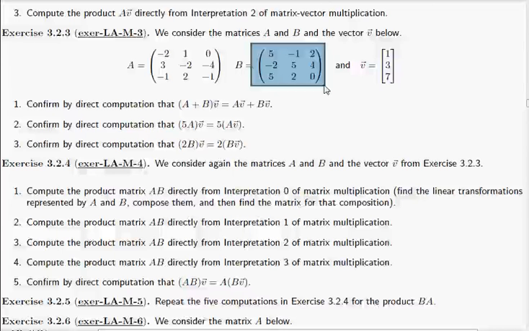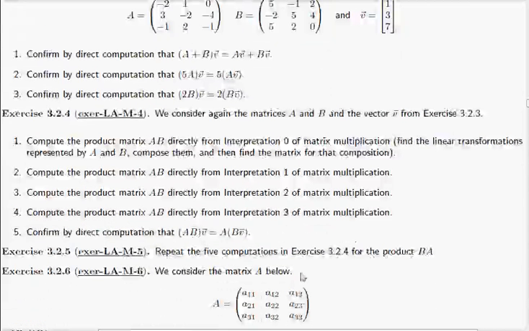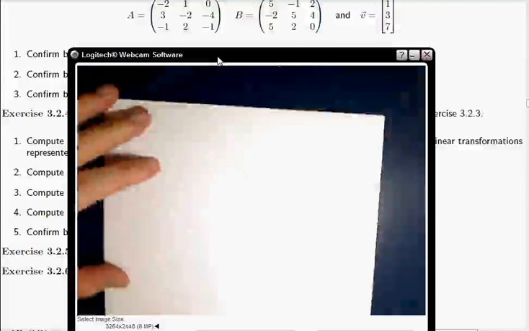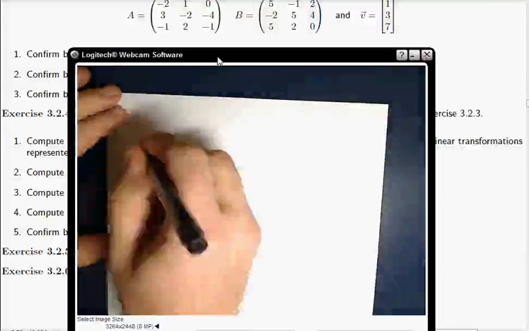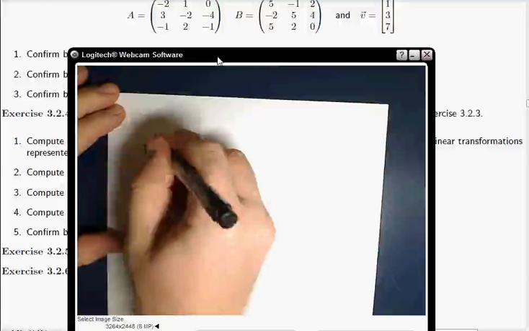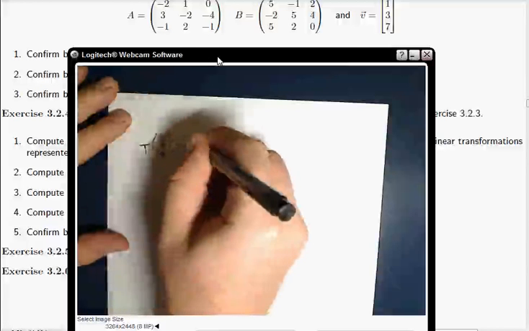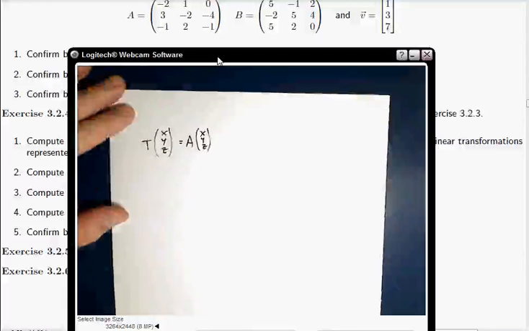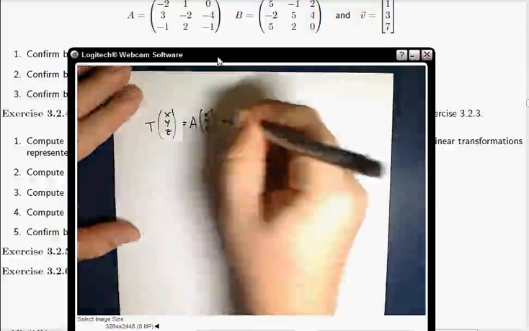And here we go. Okay, so what is this linear transformation? Let's call it T of XYZ, and I want that to be A times X, Y, Z. So this matrix A above is the shorthand for this linear transformation T. And here's the formula for it.